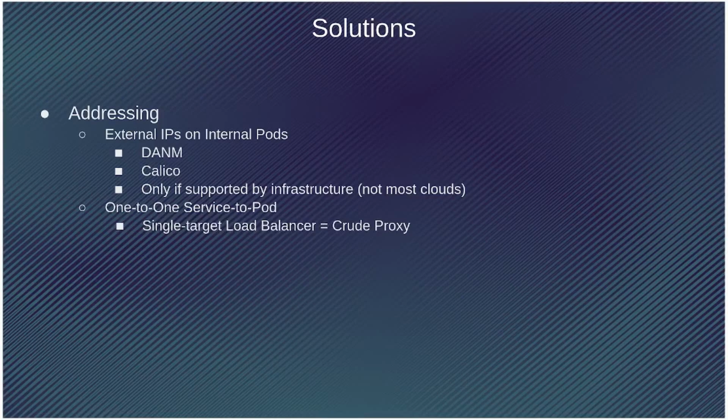But you gain a crude proxy which will forward a SIP port for a public IP on the load balancer to the private cluster IP of the ingress proxy. This is generally a fairly wasteful mechanism, but it will work with most any cloud provider.